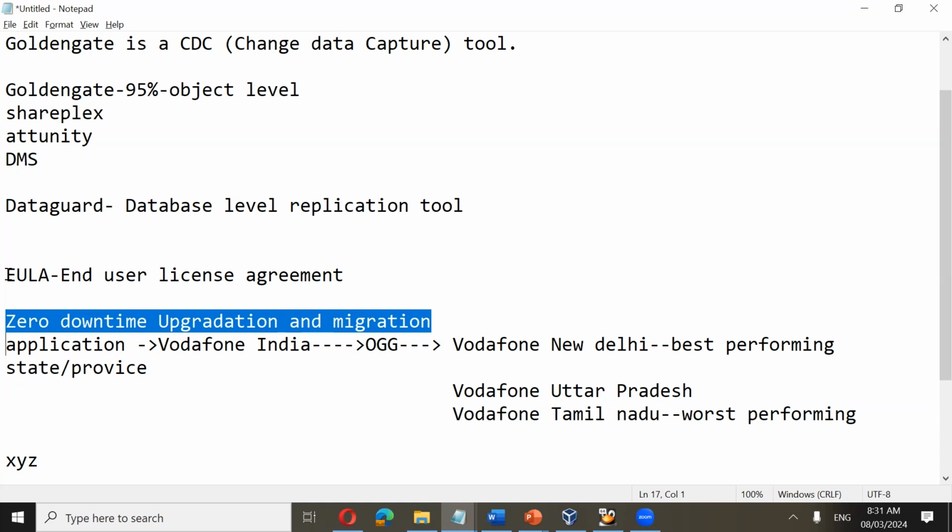They didn't have Goldengate and didn't have zero downtime, hence their database was down for 10 hours. Hence all the dependent databases were not getting the data, so technically they were also down. You won't believe it, because they didn't perform zero downtime upgradation and migration.